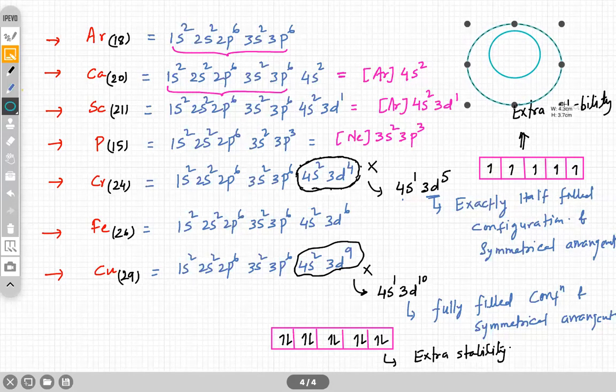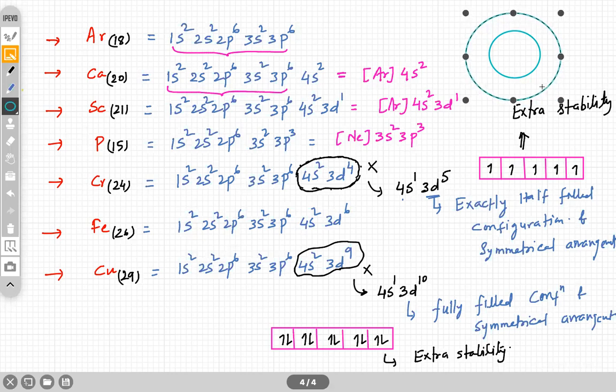And we have a fourth shell, which is this. So this energy gap, it is a transition of electron actually. From 4s to 3d, there is one transition of electron, and hence the configuration becomes this.